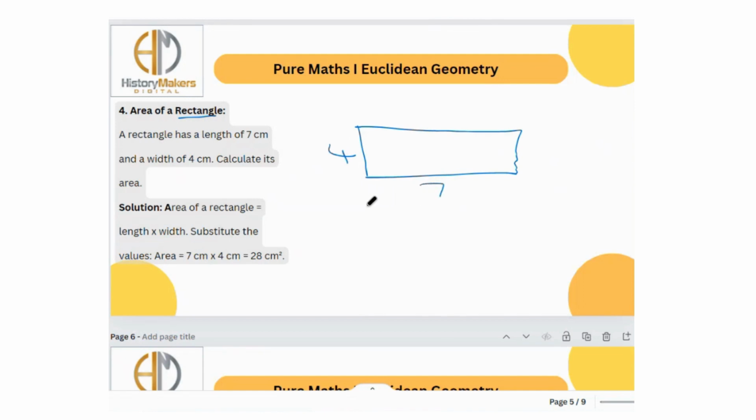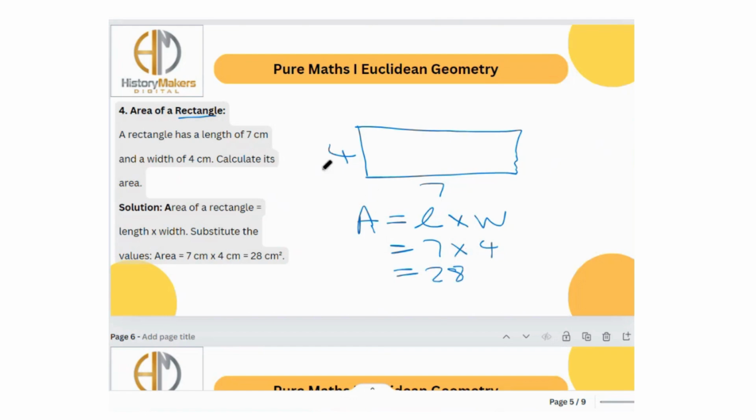And then they say calculate the area. Now we know that the area is always equal to length times width. Okay, I was going to say length times breadth. And that will be equal to, we have our length being 7 times 4, that is 28.